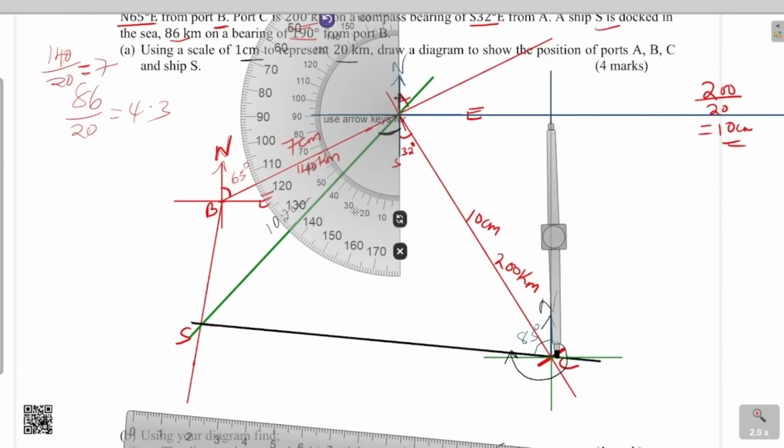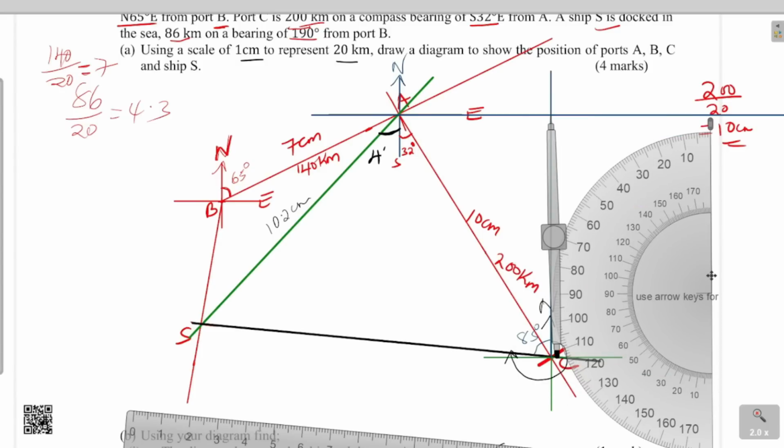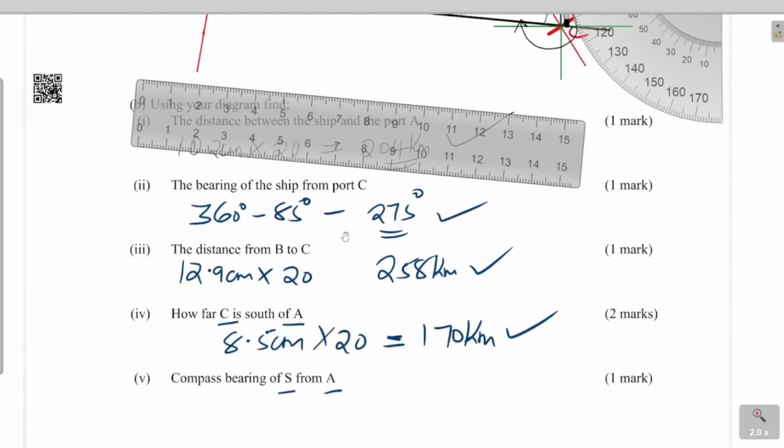That angle gives what? This is 10, 20... this is giving around 45 degrees. So this angle here is 45. Now to give the compass bearing of S from A, you can see S is to the south, so you write south.